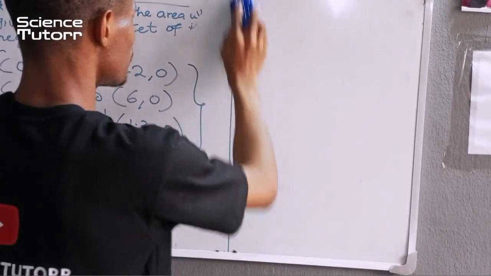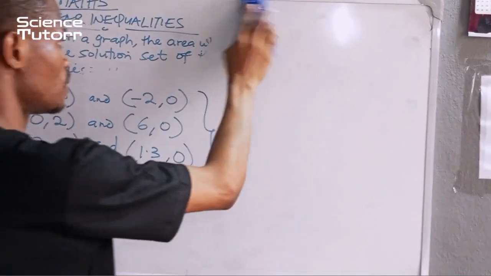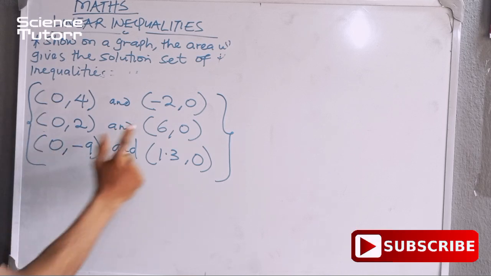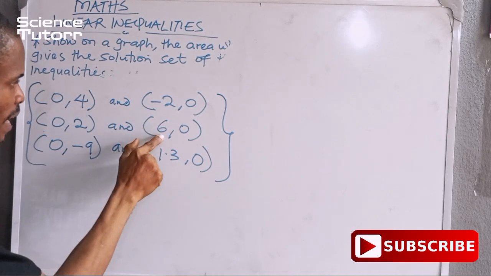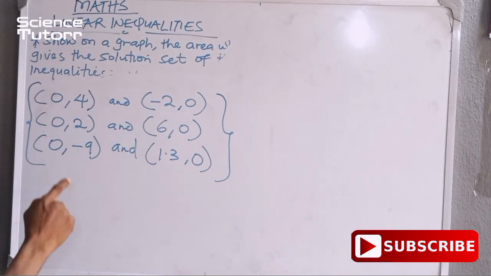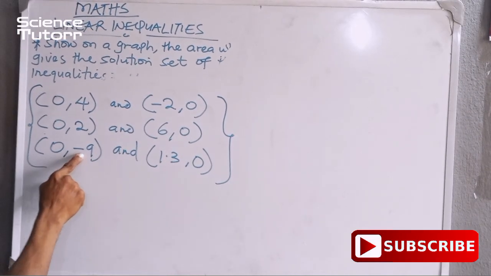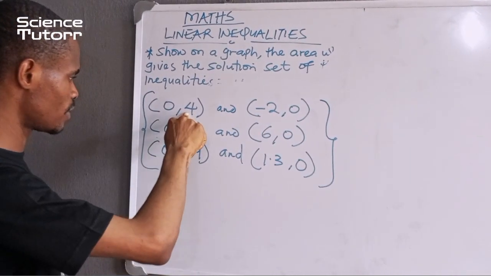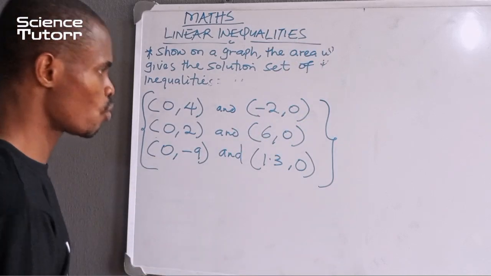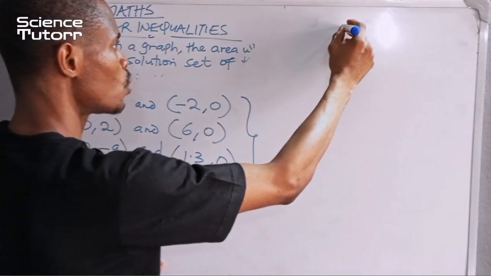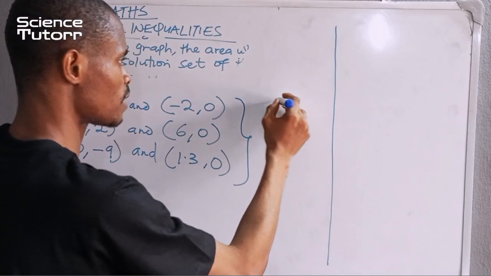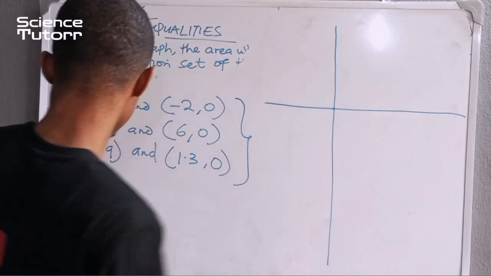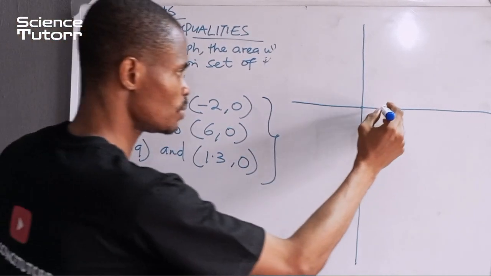So let's draw the graph. Drawing the graph, I'm going to consider x minus 2 the least, x 6 the greatest. For y, we have minus 9 the least and 4 the greatest. So minus 9 below, I will require more space. This is our graph. This is point 0. On the x-axis, I'm going to be using two units.